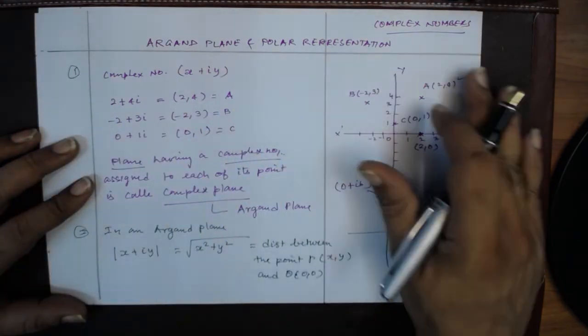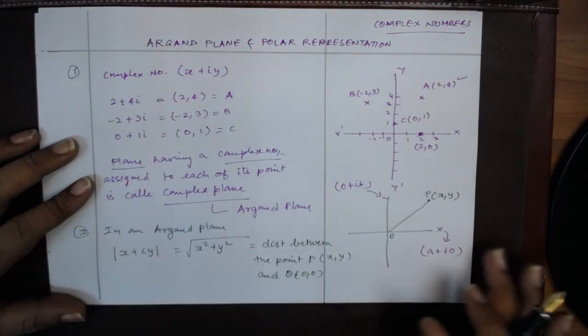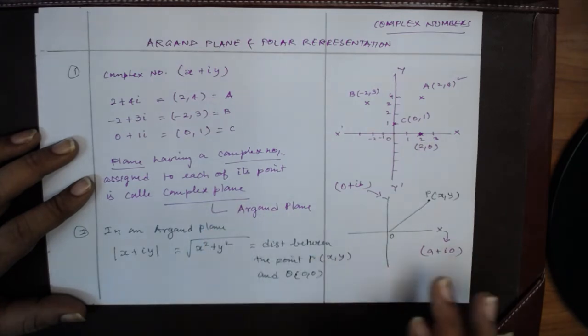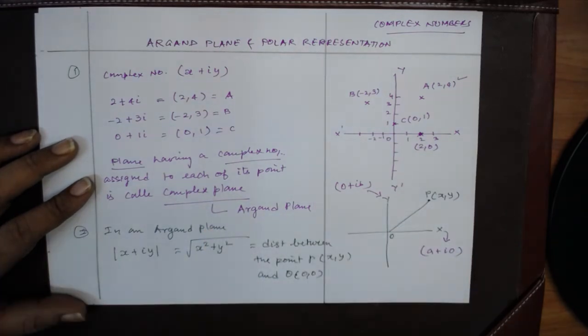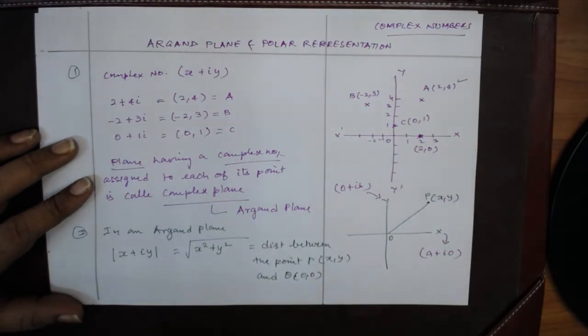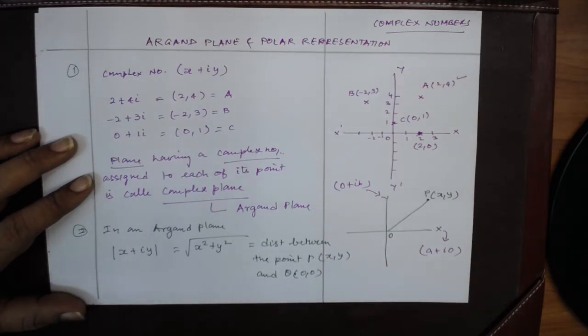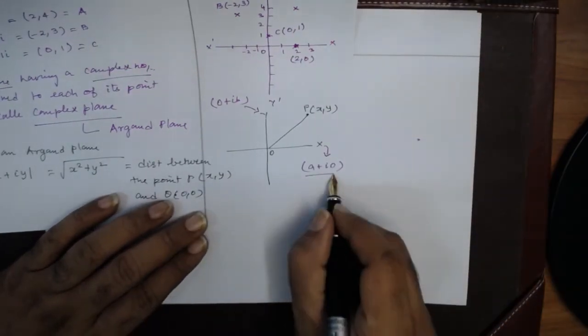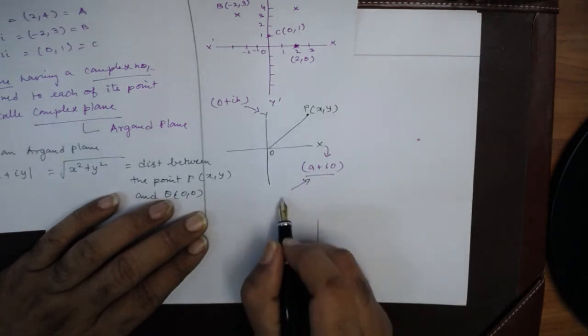So this is the Argand plane, in which you have the imaginary axis. It means this is the real part and this is the imaginary part. So this is called the real axis.